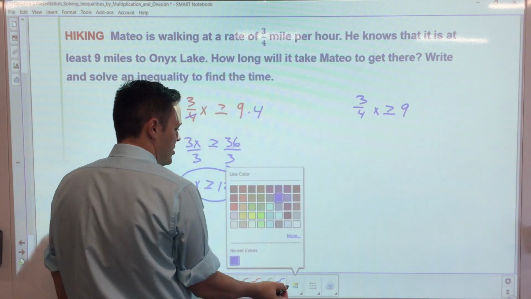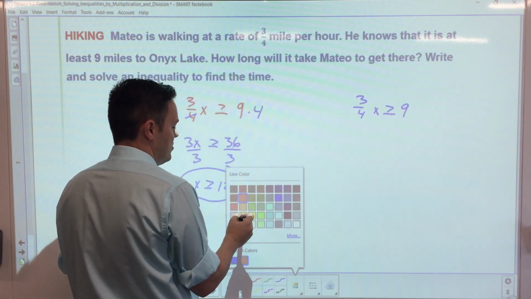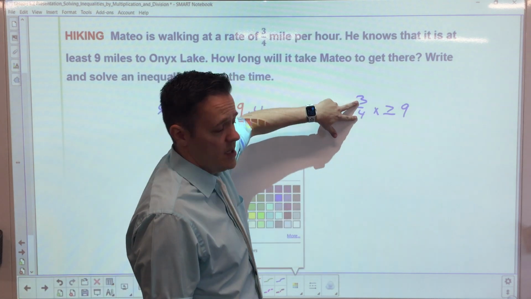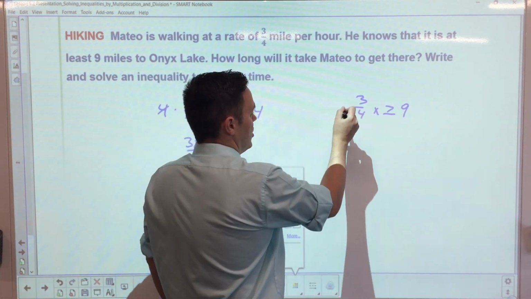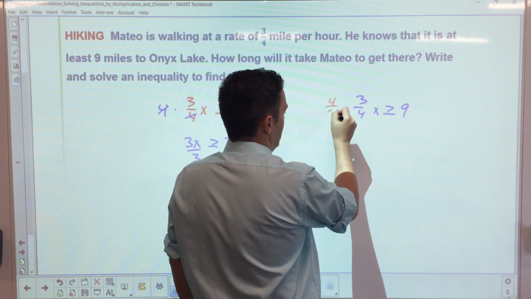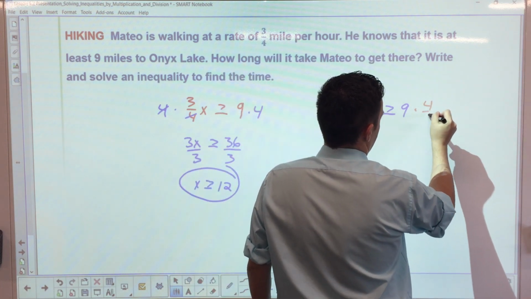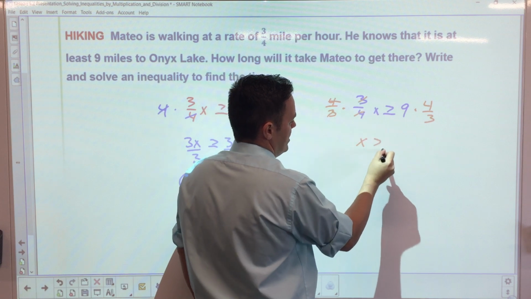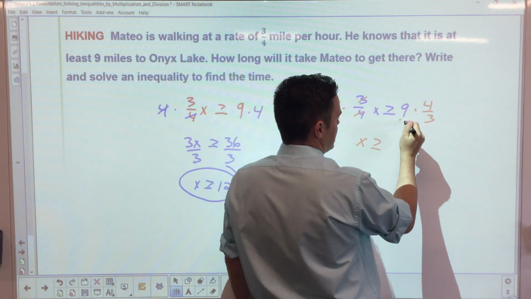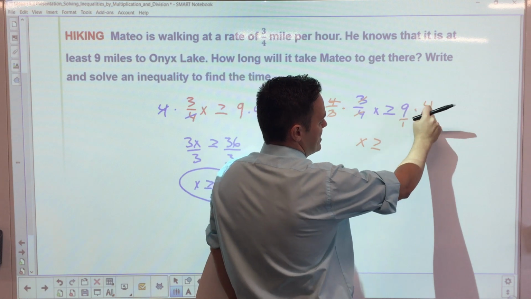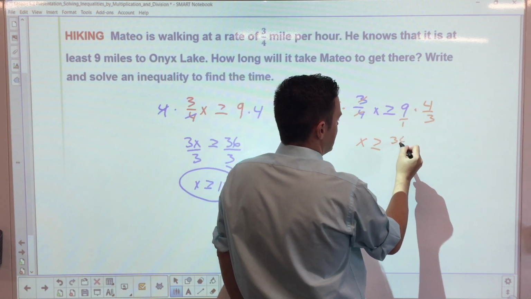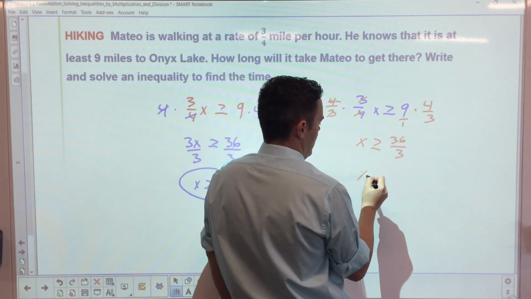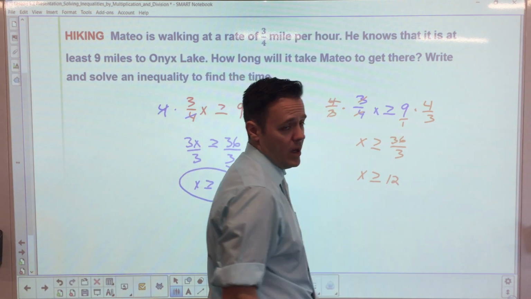the other way to simplify this is to multiply by the reciprocal of the fraction. So you can multiply both sides by 4/3. If you do that, these all cancel out. So you have x, and then remember this is 9/1, so it would be 9 times 4, which is 36/3, which would be equal to 12.